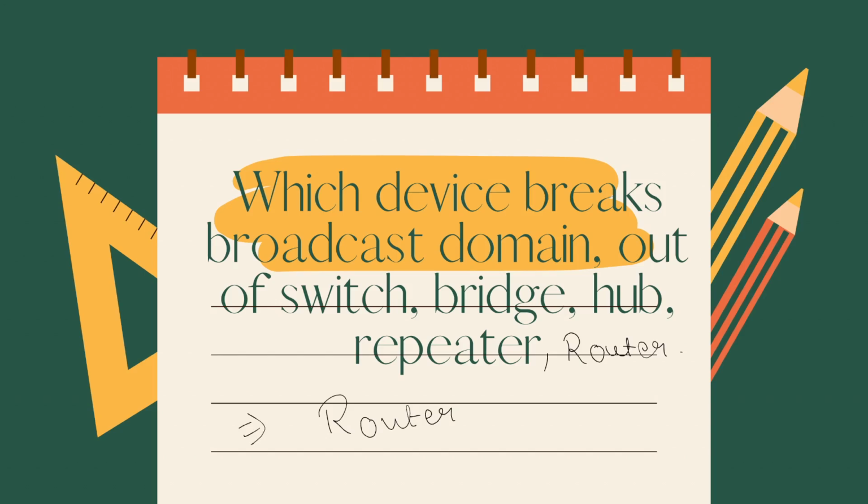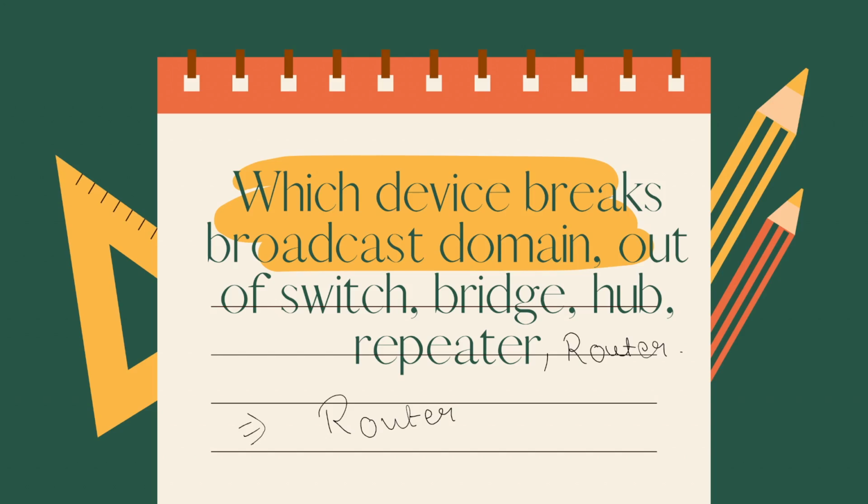Apart from this, what else is there? VLANs break up the broadcast domain, and there is a router as well that breaks the broadcast domain. So these are the right answers. Since networking devices like the router, switch, bridge, hub, and repeater were given, the right answer from these was router.